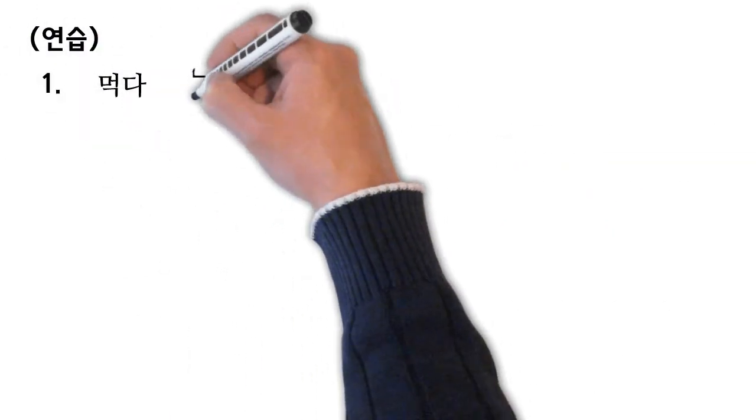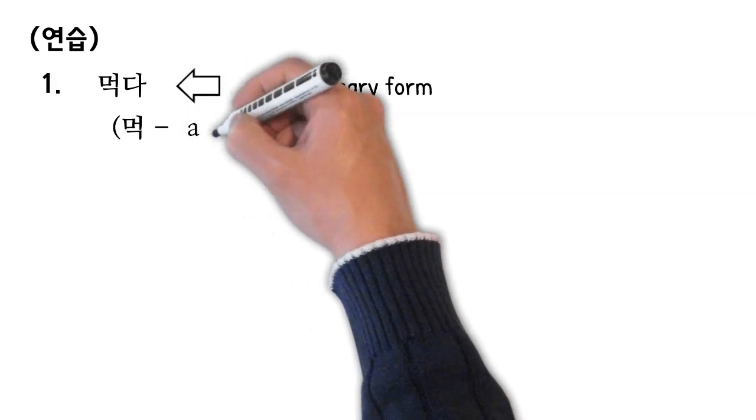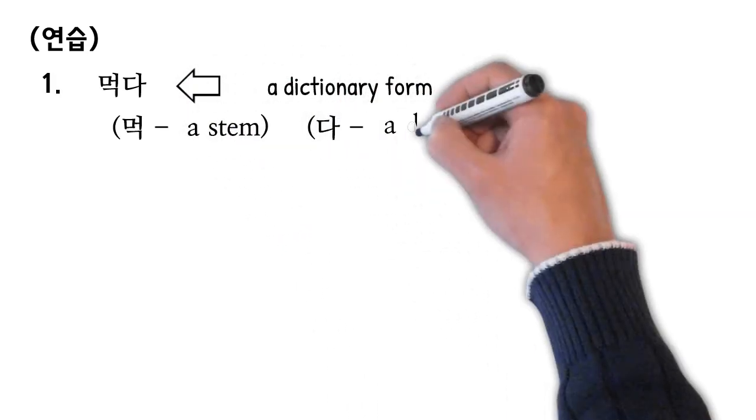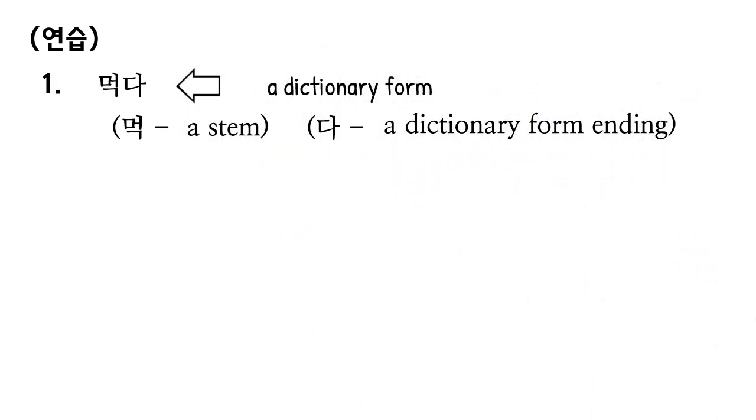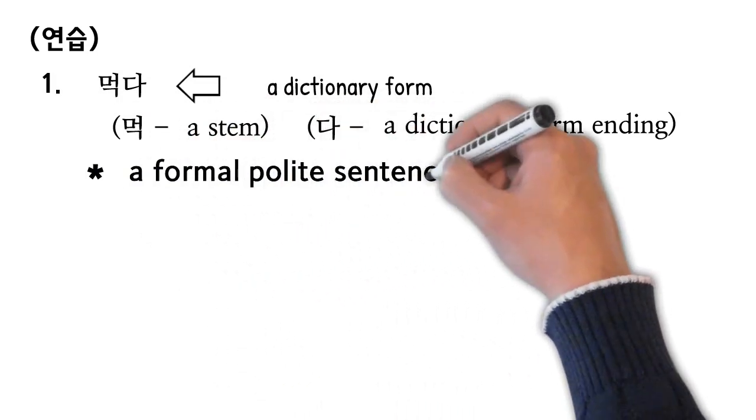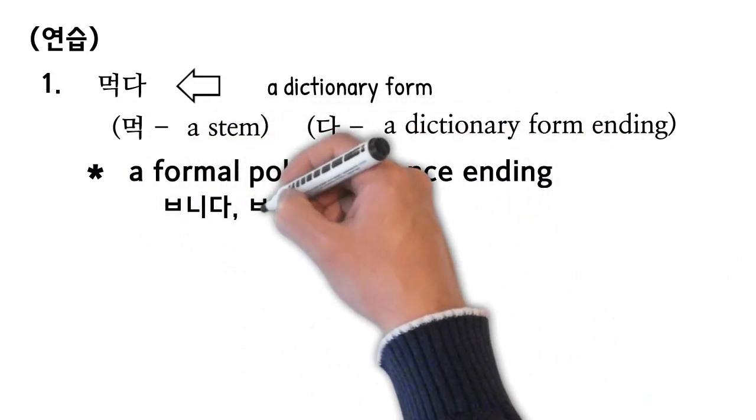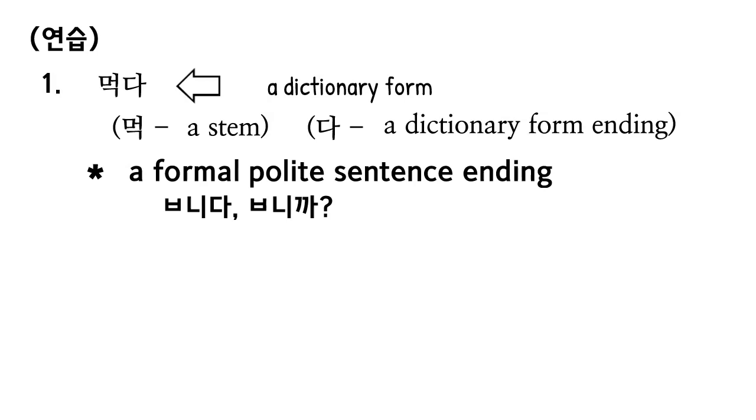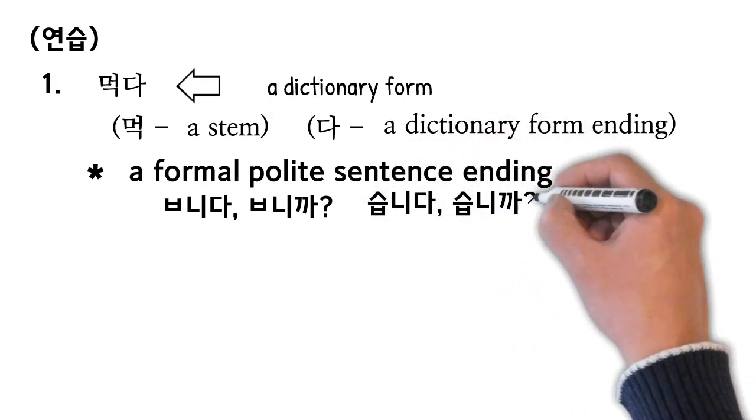연습, exercise. 먹다 is to eat and is a dictionary form. We know that 먹 is a stem and 다 is a dictionary form ending. We learned earlier a formal polite sentence ending, 비읍니다, 비읍니까, 습니다, 습니까.